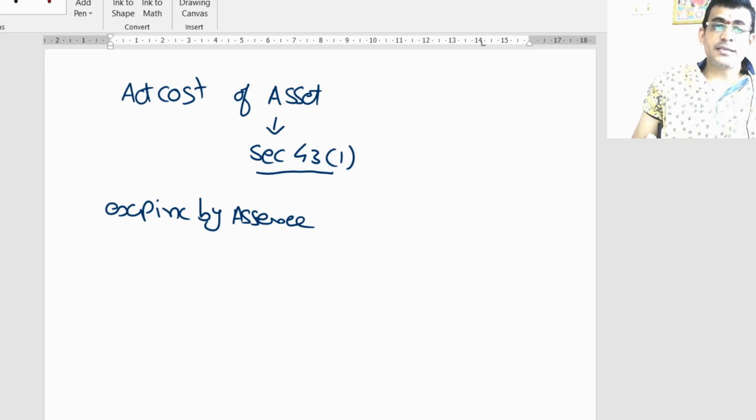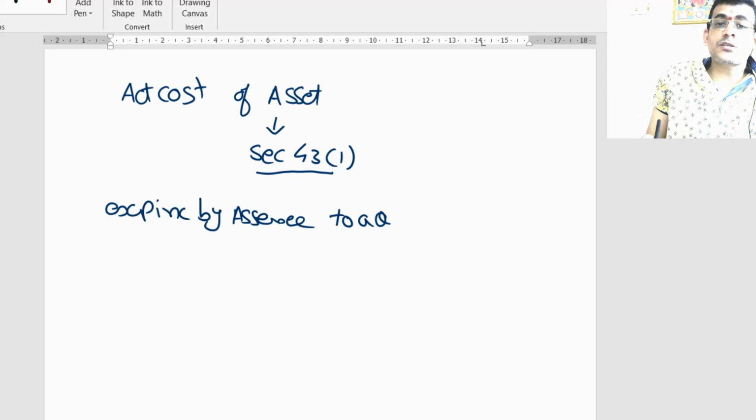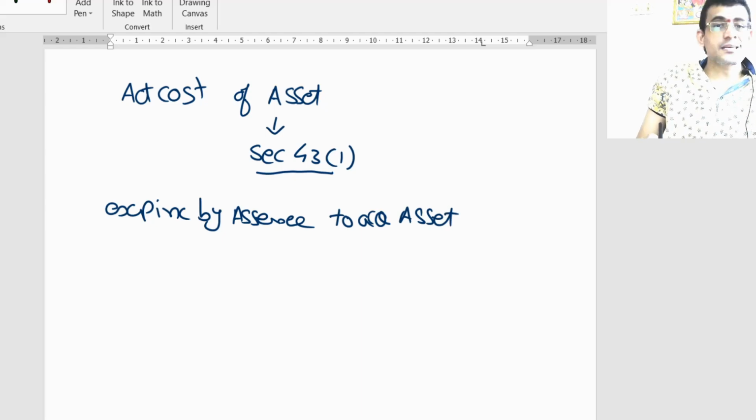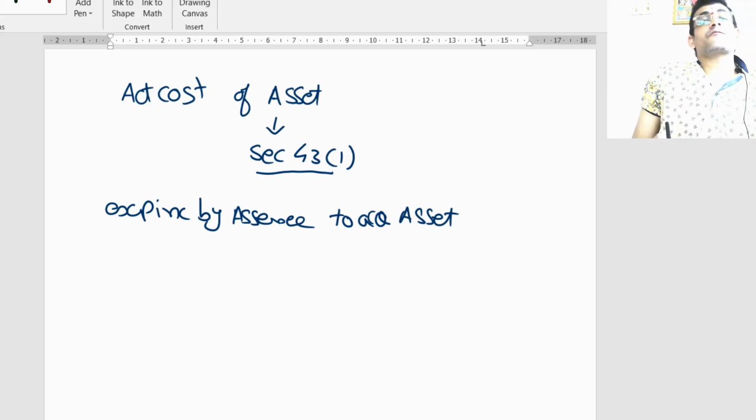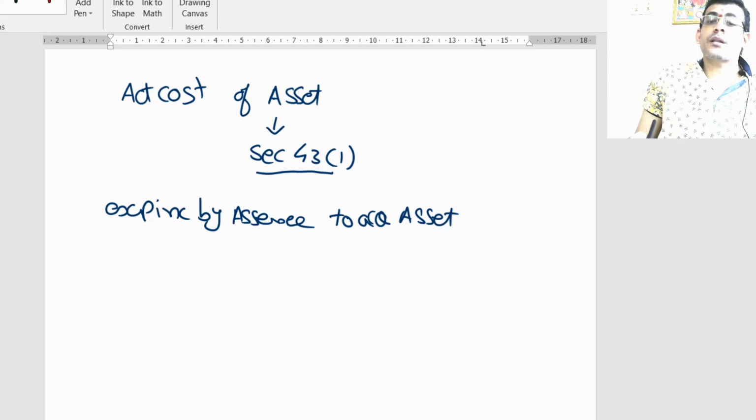Actual cost of the asset means expenses incurred by the SSC to acquire any sort of asset. So if you are buying an asset for 10 lakhs, 10 lakhs is nothing but the expenses incurred by the SSC to acquire the asset. I have to consider 10 lakhs.